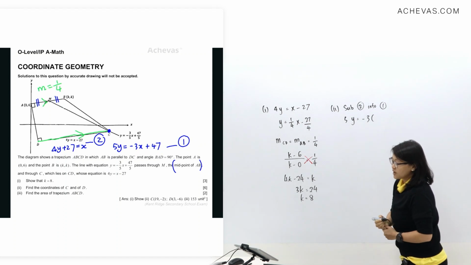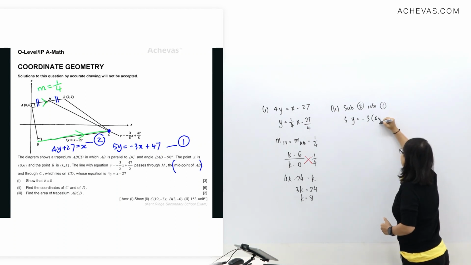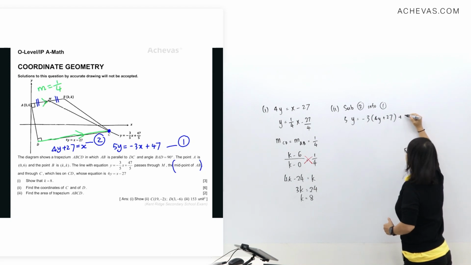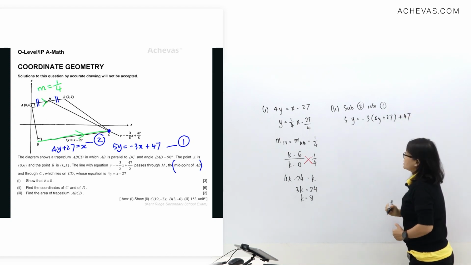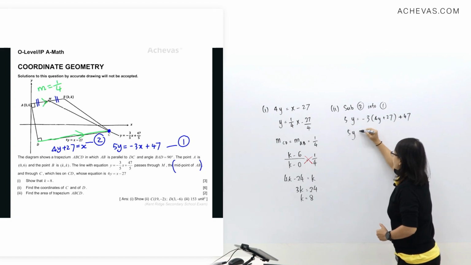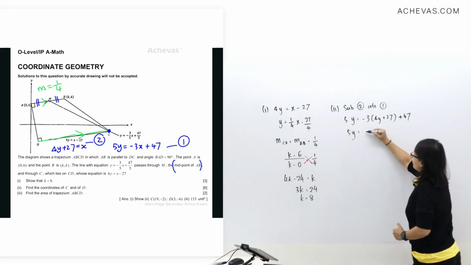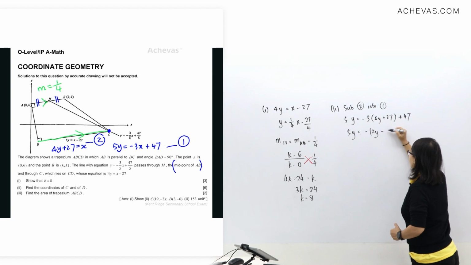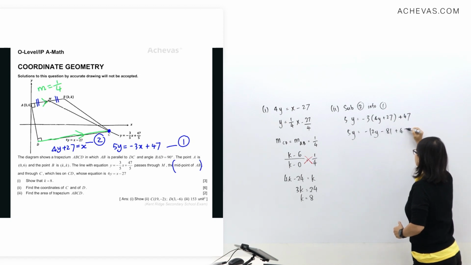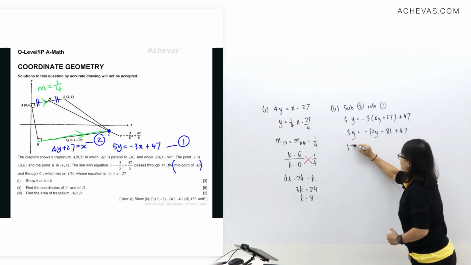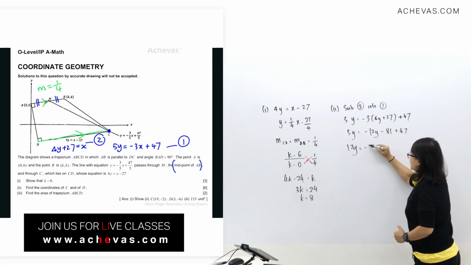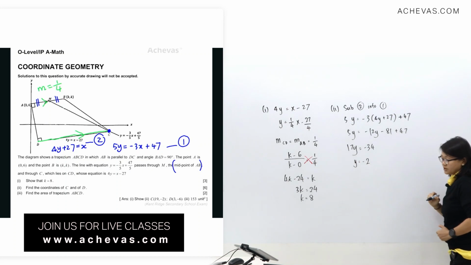The x value I'm going to substitute as 4y plus 27. Continue writing plus 47. Okay, let's solve for this one here. Multiply negative 3 in. I have negative 12y minus 81. Moving y to one side, 17y. Adding the constant, negative 34. y will be negative 2.